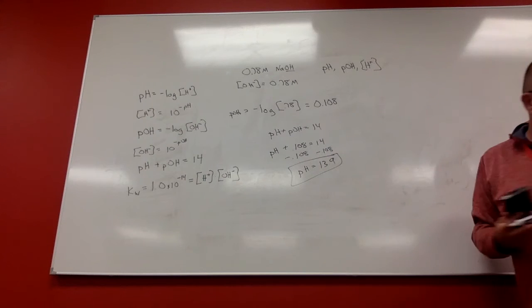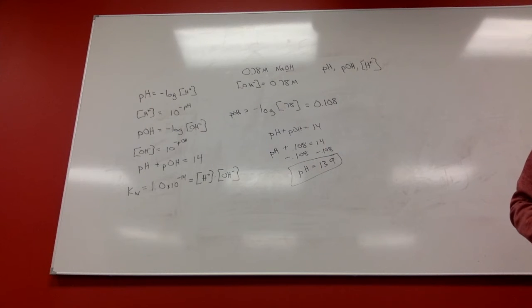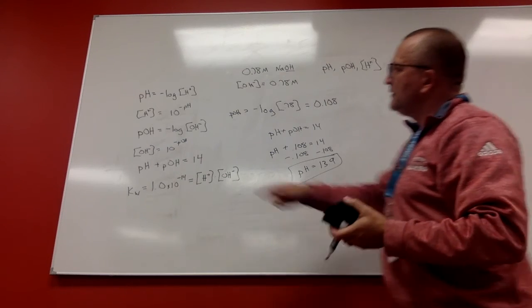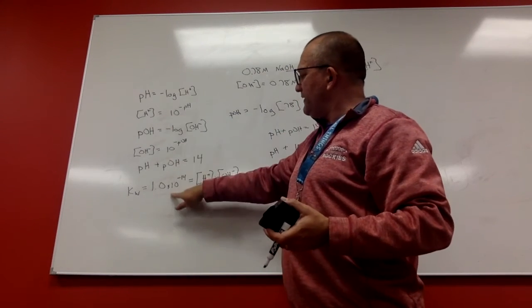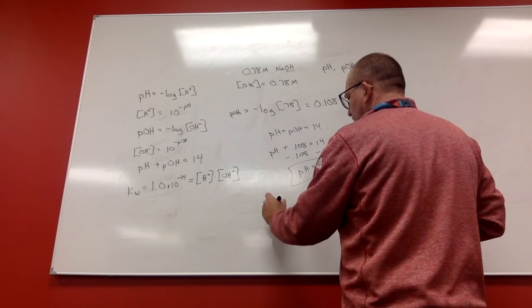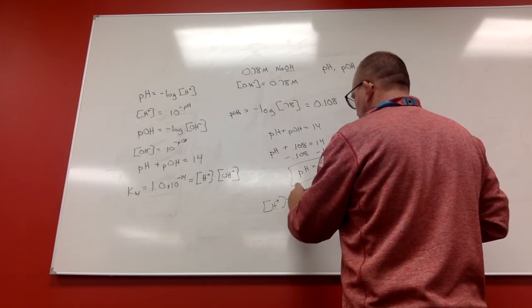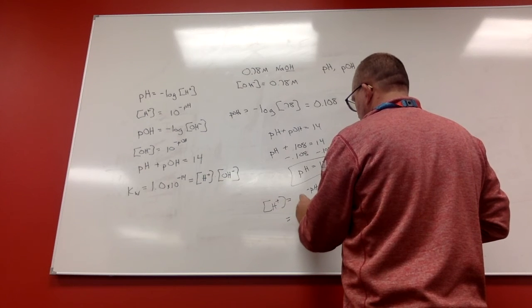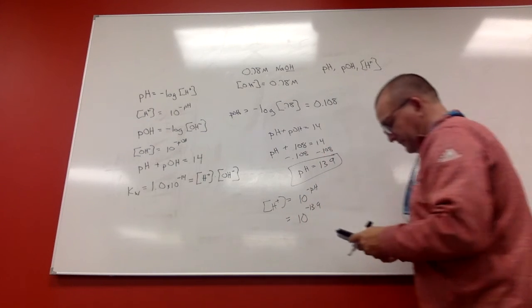And then I want to find the hydrogen ion concentration. The hydrogen ion concentration, I'll find it this way. I found it this way earlier in the video, so let's find this one. Hydrogen ion concentration is 10 to the negative pH, 10 to the negative 13.9.